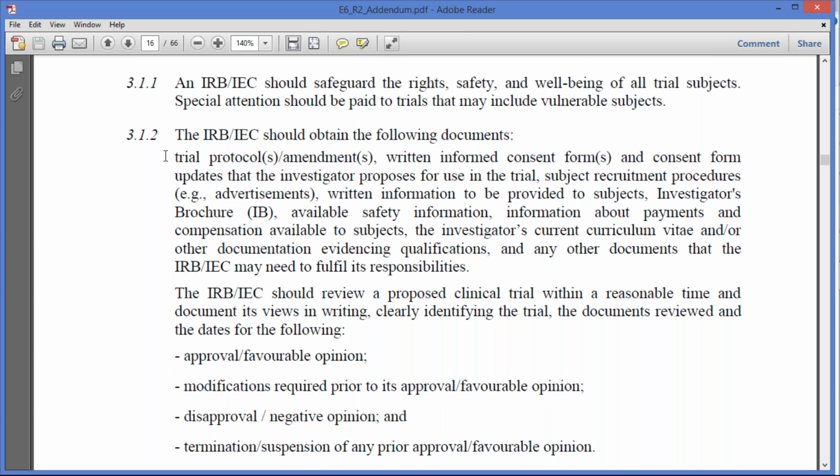So IRB should review the proposed clinical trial within a reasonable time and document its views in writing, clearly identifying the trial and the documents reviewed, with dates for the following.